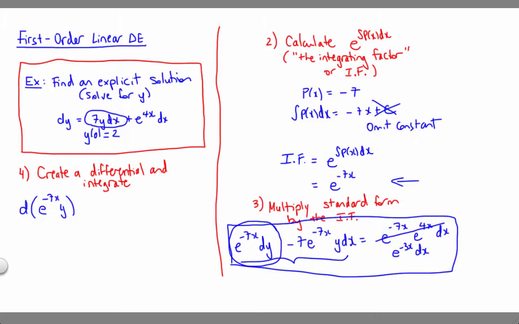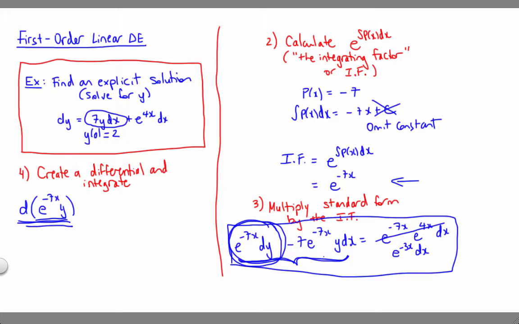So we believe, or at least hopefully you believe, that this differential here is exactly the same thing as these two terms. Let's convince ourselves of that just by applying the product rule. If we applied the product rule to this differential, we'd have e to the negative 7x dy, so that's our first term, and then plus y times the differential of the exponential.